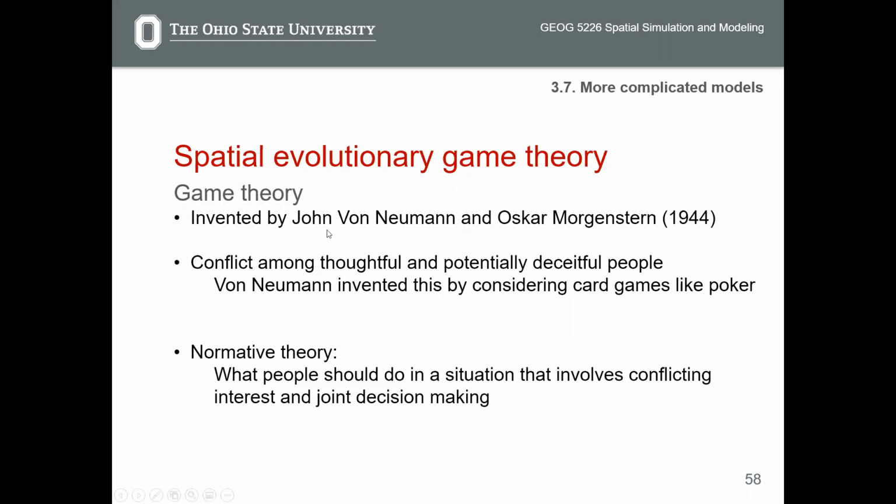It was invented by Von Neumann and Morgenstern in 1944. It's about conflict among thoughtful and potentially deceitful people. And it is trying to answer this question: what should people do in a situation that involves conflicting interest and joint decision making?